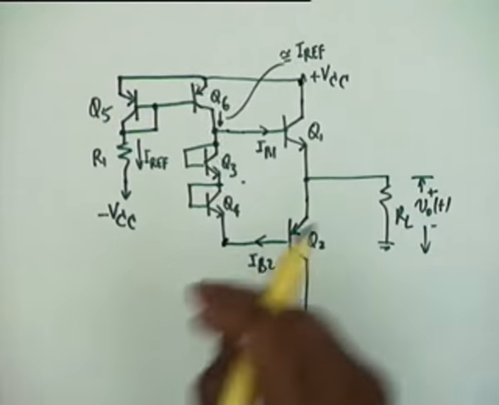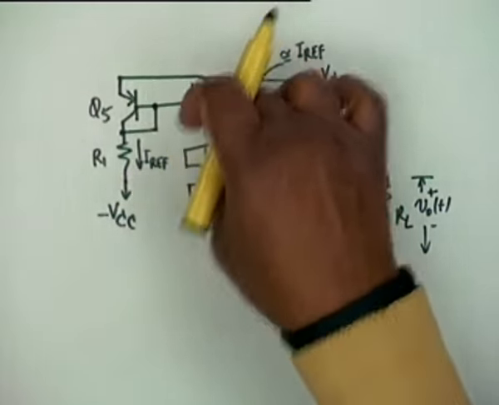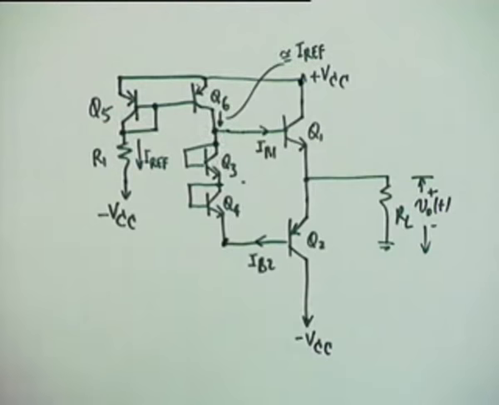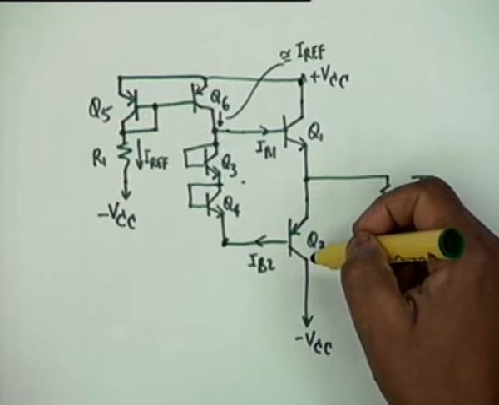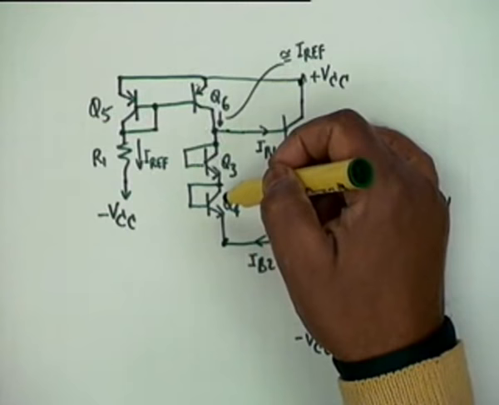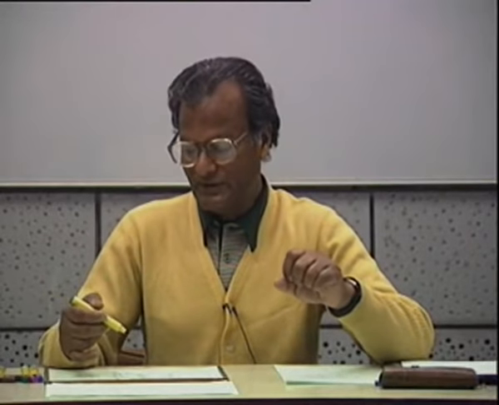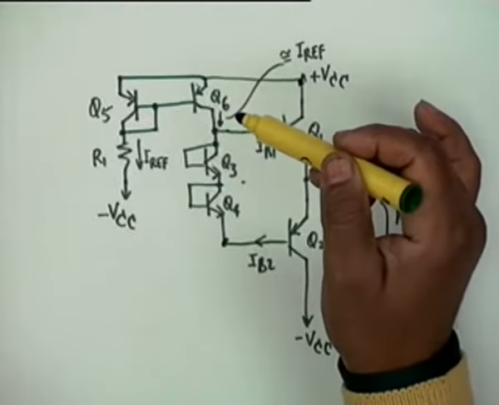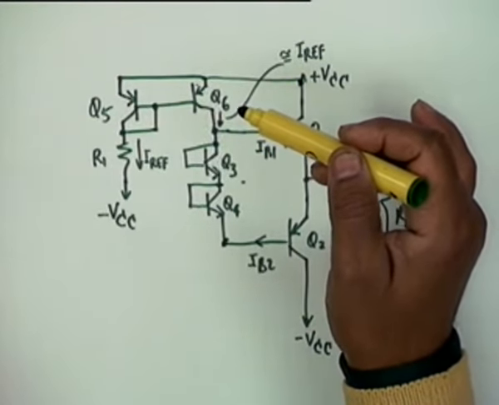The reason is the following, that these transistors Q3, Q4, Q5, Q6, they are not to supply large currents. Large currents are to be supplied only by Q1 and Q2, right? The sole purpose of Q3 and Q4 is to establish a threshold voltage, a cut-in voltage of 0.7. The sole purpose of Q5 and Q6 is to supply a reference current to Q3 and Q4.